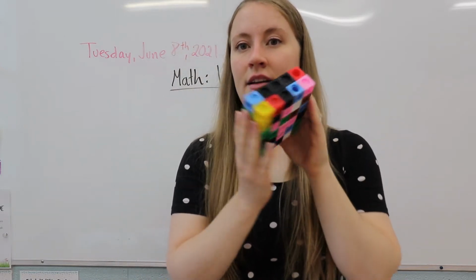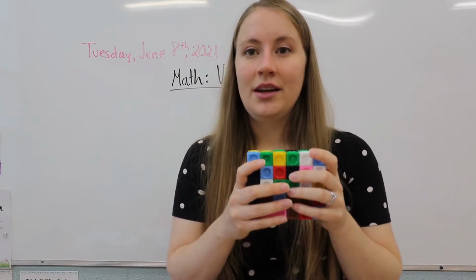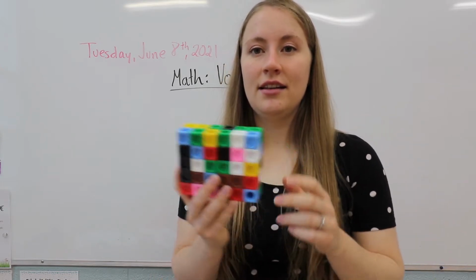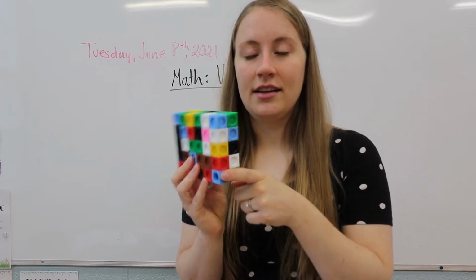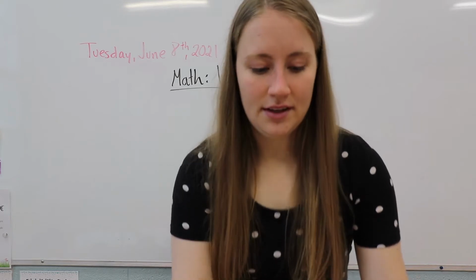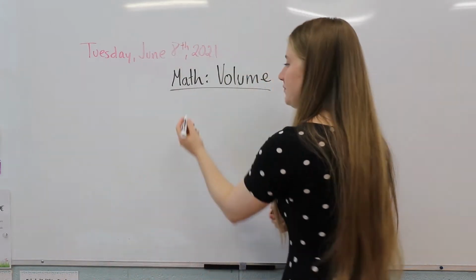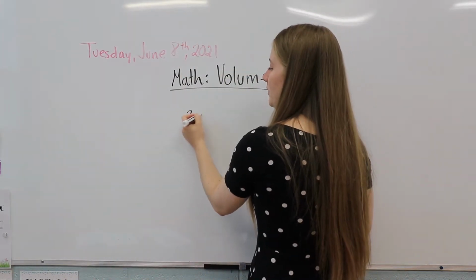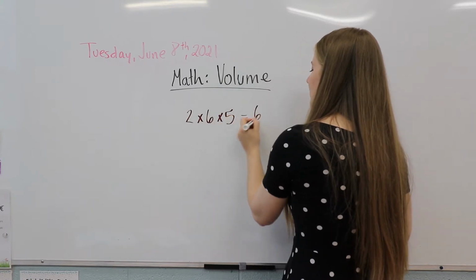So if our volume is 60, we can find the volume by multiplying the length and the width and the height, okay? And so you can see that here as well. So if we took this and did 2 times 6 times 5, that equals 60.